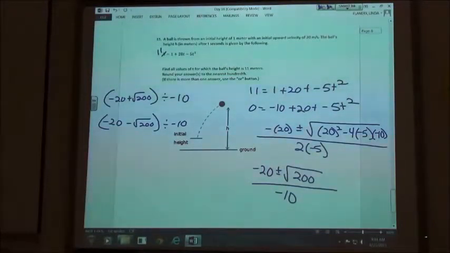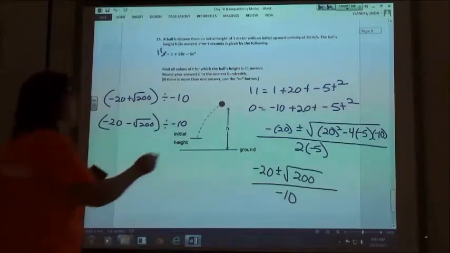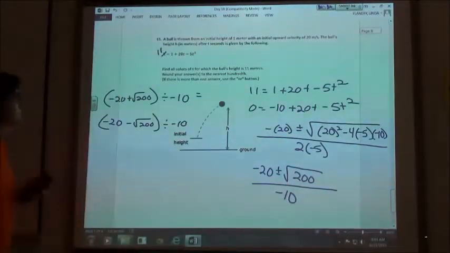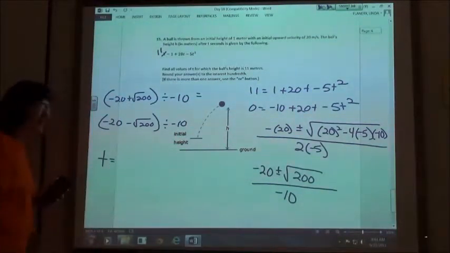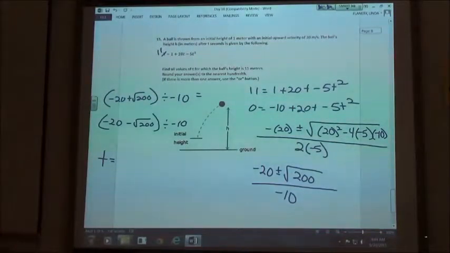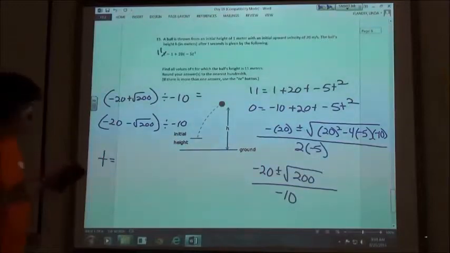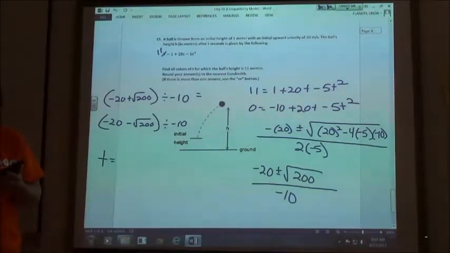And what do you get for your first answer? You got 0.58? Did you round it to the hundredth? Does it say hundredth? It does.